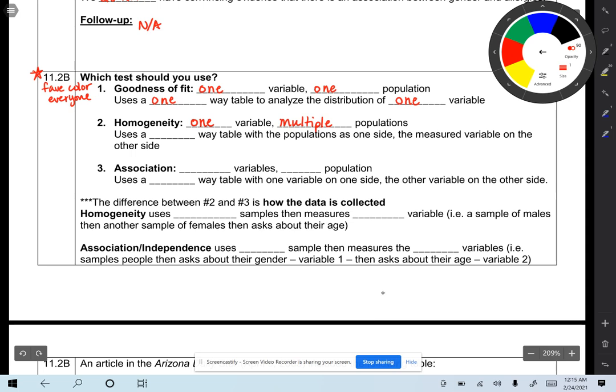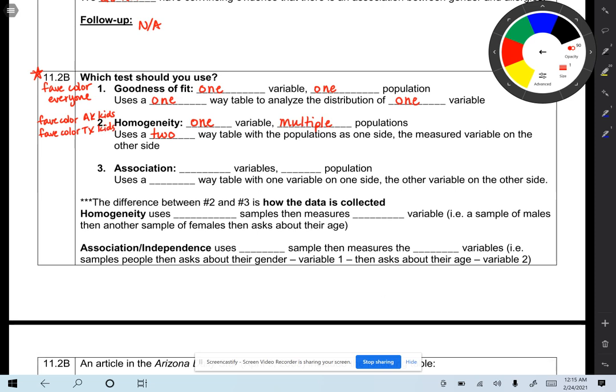So here, this uses a two-way table with the populations on one side and the measured variable on the other side. So this one could be like favorite color for Alaska kids and favorite color for Texas kids. Couldn't think of any other state, so use Texas.